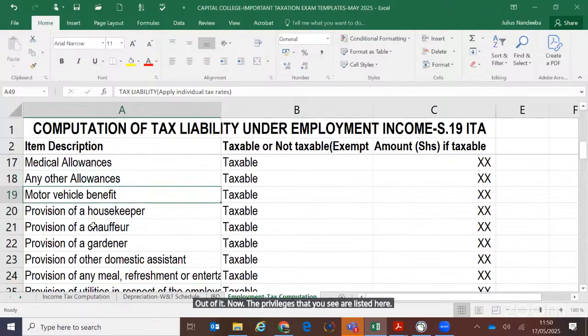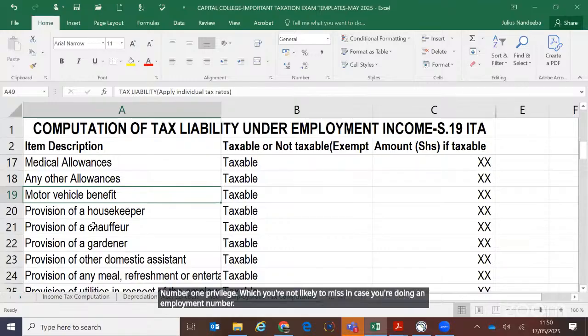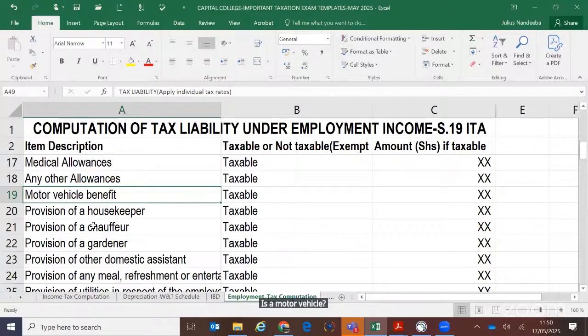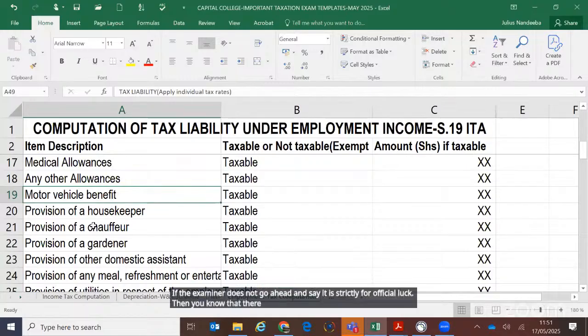Number 1 privilege, which you're not likely to miss in case you're doing an employment question, is motor vehicle benefit. So how do you know that an employee has a motor vehicle benefit? They will describe this employee as having been given a motor vehicle. The moment they say this employee has been given a motor vehicle, if the examiner does not go ahead and say it is strictly for official work, then you know that there is a motor vehicle benefit.